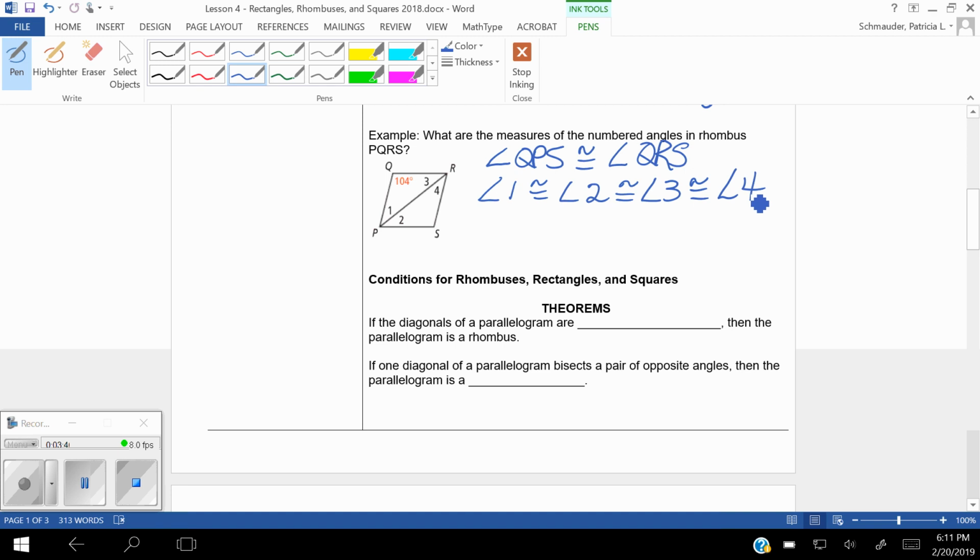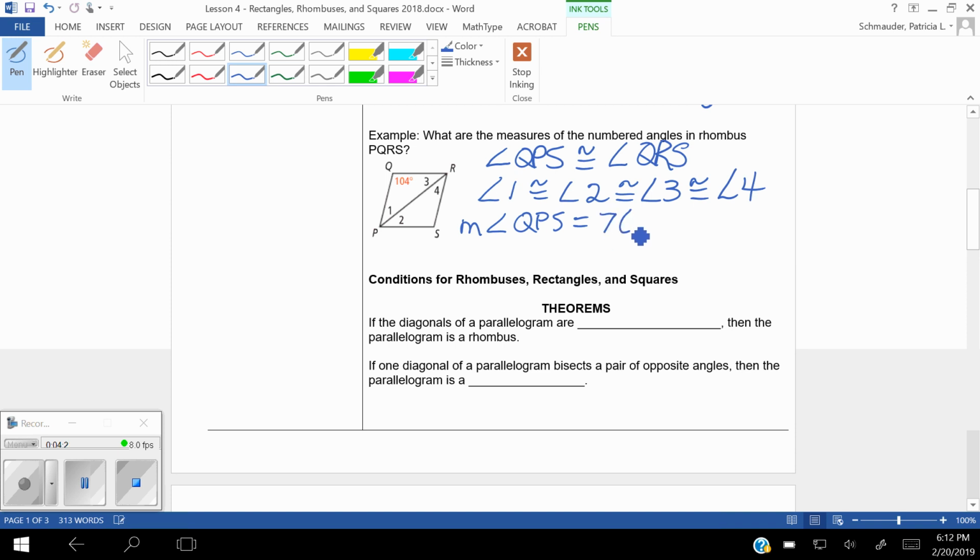So how am I going to figure out what they measure? Well, let's go back to the fact that it's a parallelogram. Because it's a parallelogram, I know that consecutive angles are supplementary, right? So if the measure of angle Q is 104, then I know the measure of angle QPS, I want to name it like I did up above, is 180 minus 104, right?